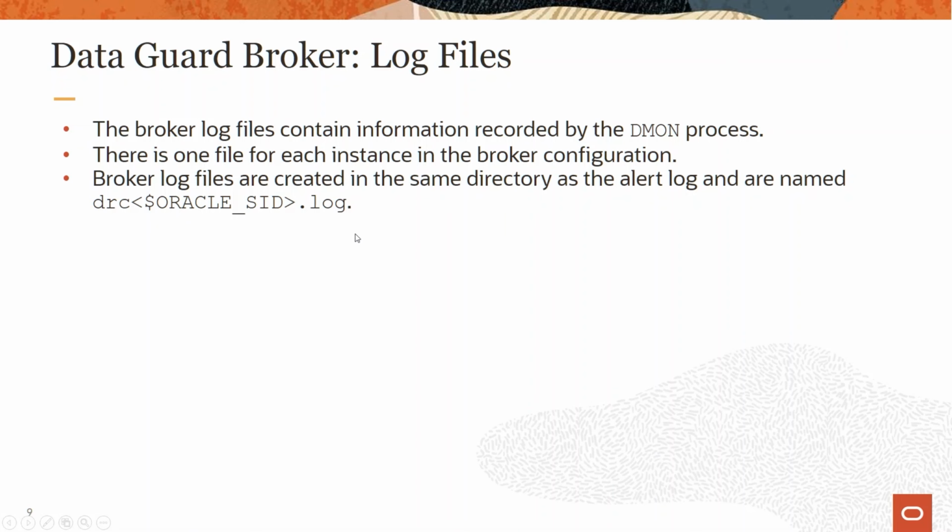The London and London 2 databases also have their own log files under the trace directory. You can view this Data Guard Broker log file to understand daemon process activities.